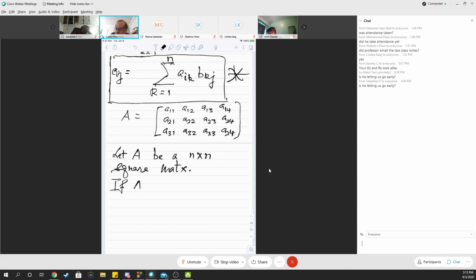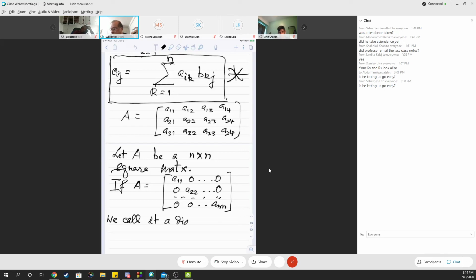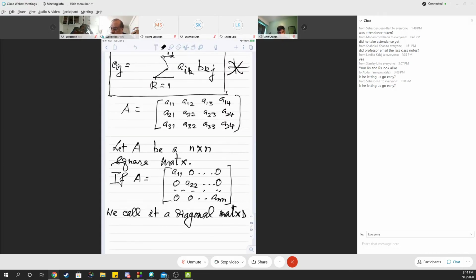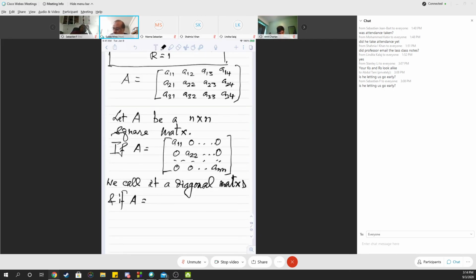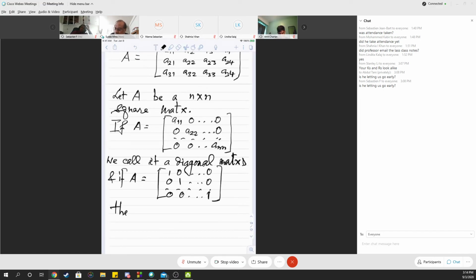If A is of this form, we call it a diagonal matrix D. And if A is of this form, then A is the identity matrix of order n.